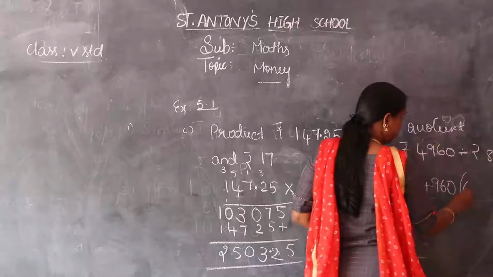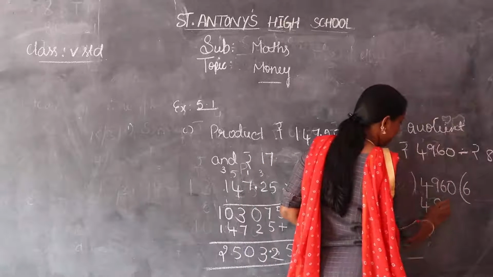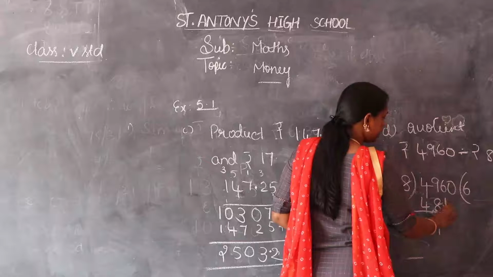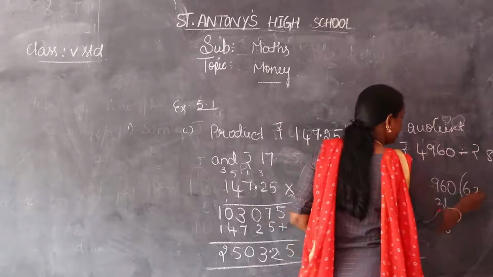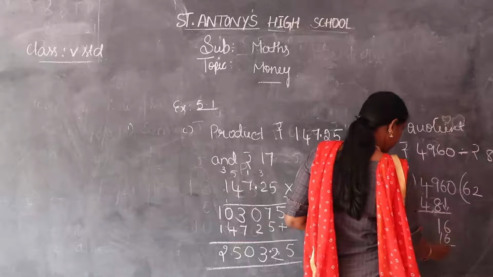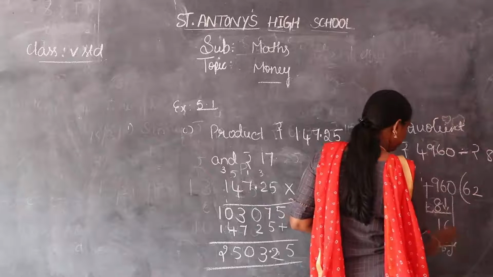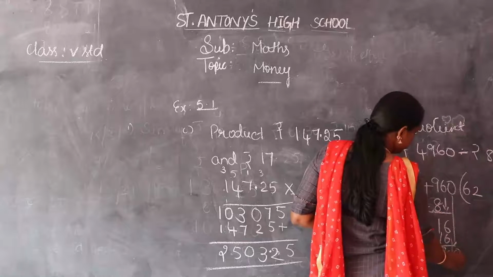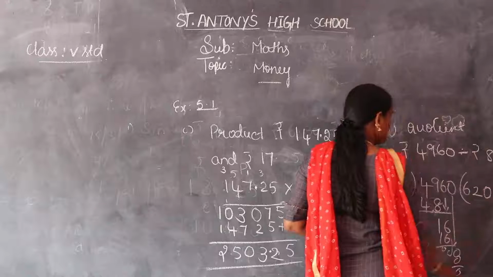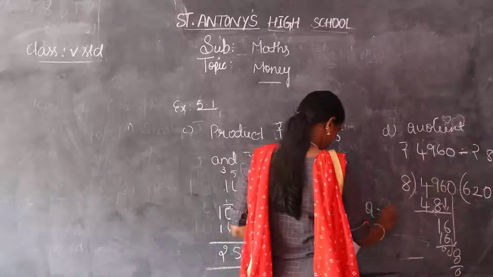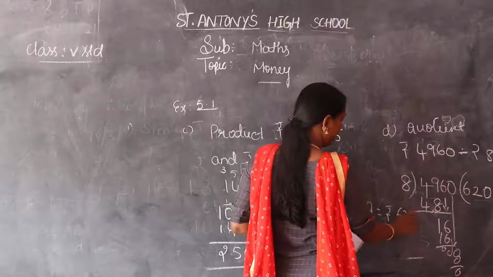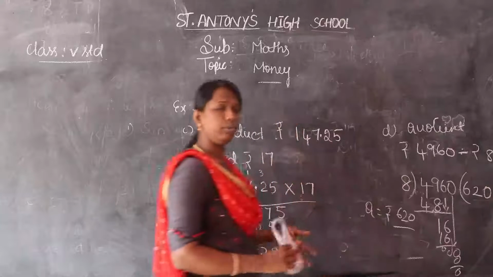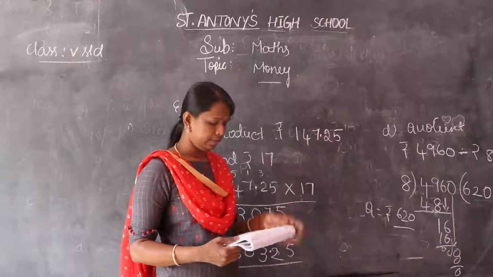Remainder is 1. Take 6 down. 8 2s are 16. And take 0 down. 8 zeros are 0. Quotient is how much? Answer is rupees 620. Like that we have to do addition, subtraction and others.